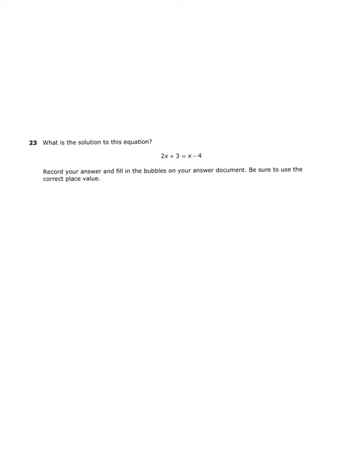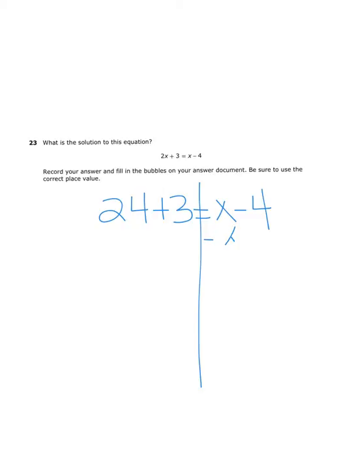Number 23. What is the solution to this equation? So you're just going to write out your equation, give yourself some room to solve it, and start by moving the variables. So you can move x, oh I forgot, that's not a 4, that's an x, minus x, this cancels. 2x minus 1x just gives me 1x.